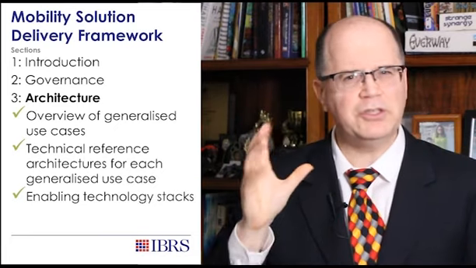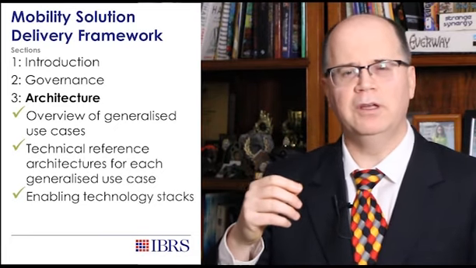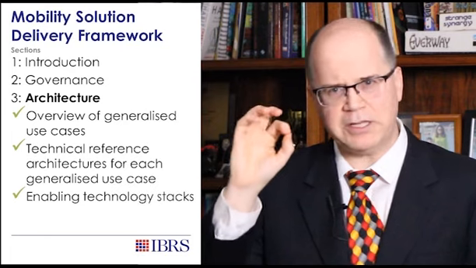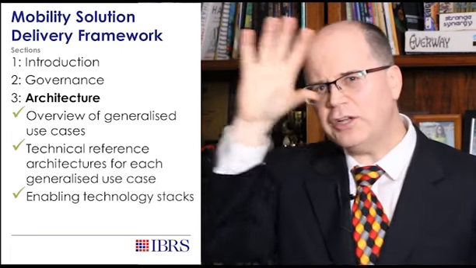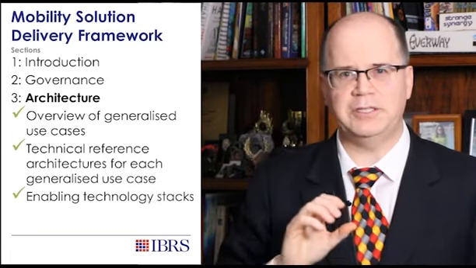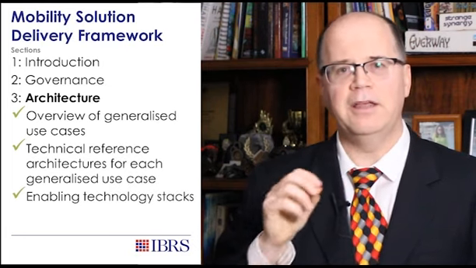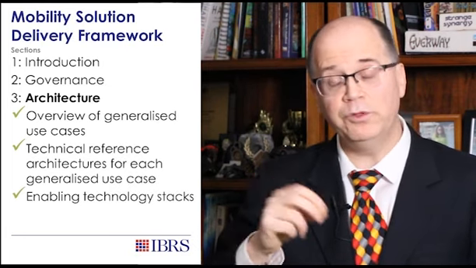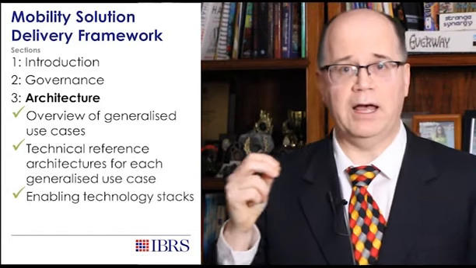You can think of them as a work context or even a form of persona, but basically it's a large selection of work processes that are similar in nature that can be solved with one broad architecture. So you may actually find that your mobility delivery framework has 3, 4, or even 5 different architectures that all come up into a master architecture. And once you've got that, you're really on the home stretch.